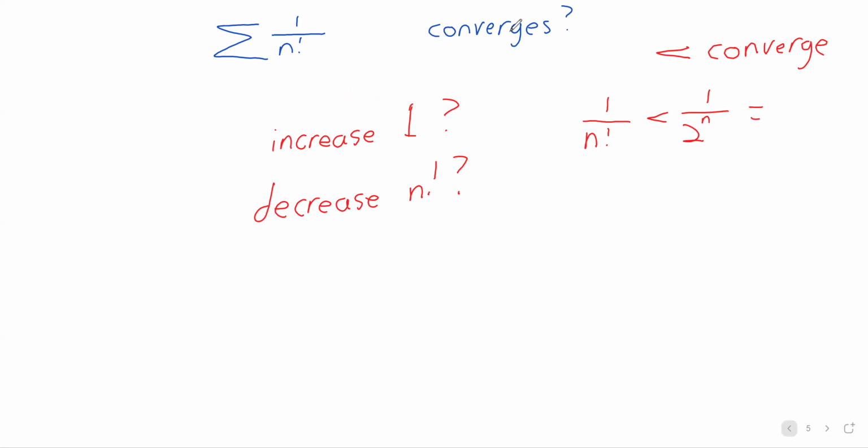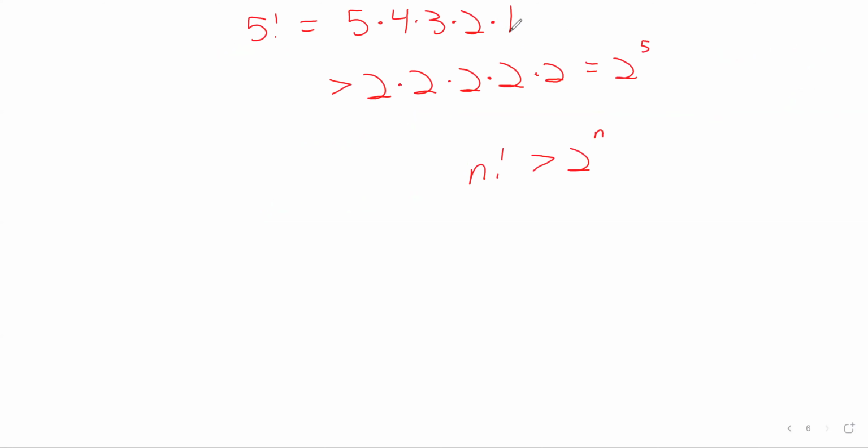Then this is 1 over 2 to the n, which is finite. It's a geometric series, r is less than 1. So the comparison test applied in a kind of clever way gives us the convergence of 1 over n factorial.